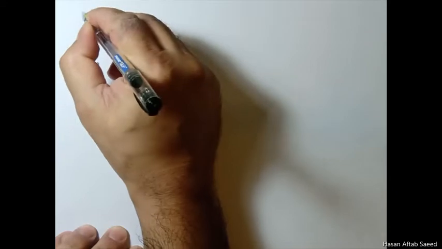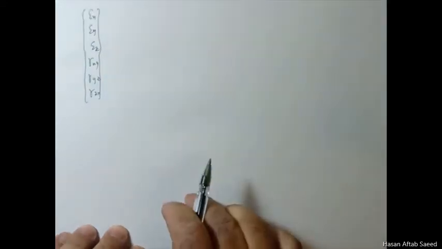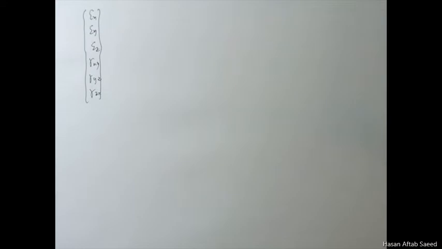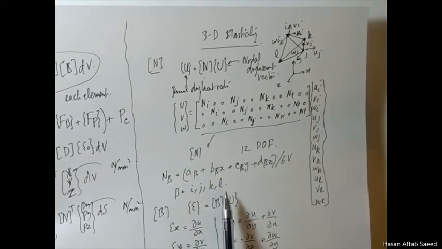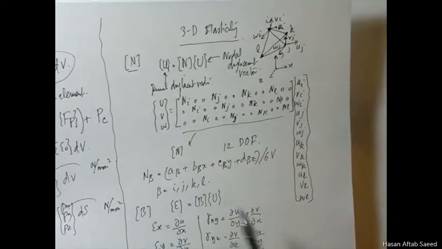So let me write it in a complete form here. Now here we have the coefficients a, b, c, d. You can just look up their details in your textbook, and they are obviously larger expressions, but very similar to the 2D case. So you have expressions for these in terms of the geometric coordinates of the element.